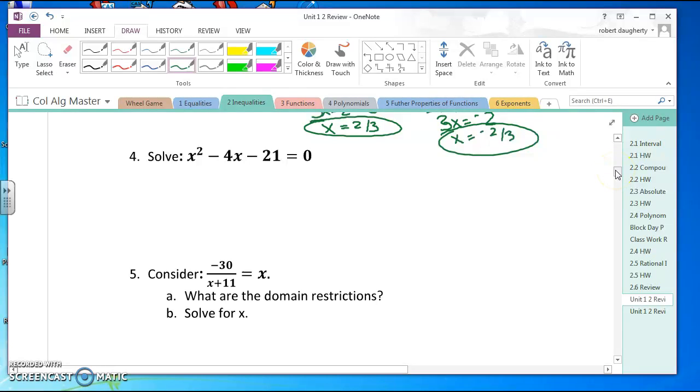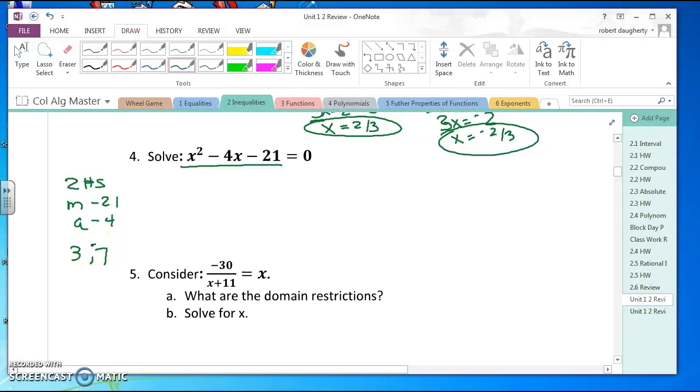Number 4, solving this is a trinomial with a 1 in front of the x squared. So if this is factorable, I need to find two numbers that multiply to give me a negative 21 and add to give me a negative 4. It's either 1 and 21, or 3 and 7. It's going to be 3 and 7 with a negative in front of the 7.